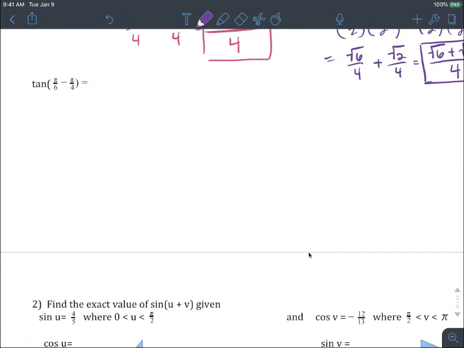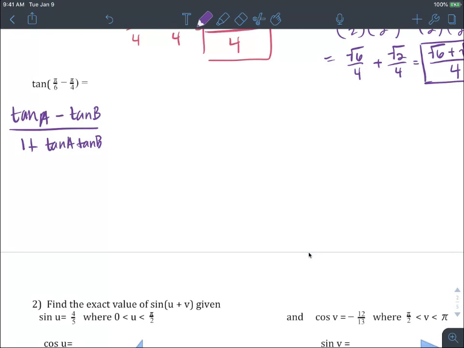Tangent is the tangent of A minus the tangent of B all over 1 plus tangent A, tangent B. Just make them all caps or all lowercase.